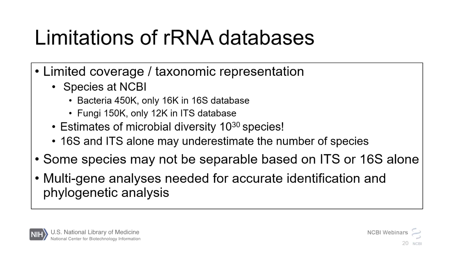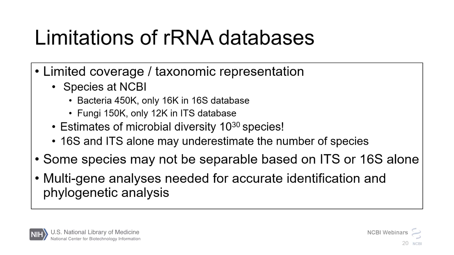So let me just point out a few things that are important to realize when you're using these kinds of targeted loci to do certain things. One of the important ones, and I sort of alluded to this earlier, is that this is limited coverage and taxonomic representation.